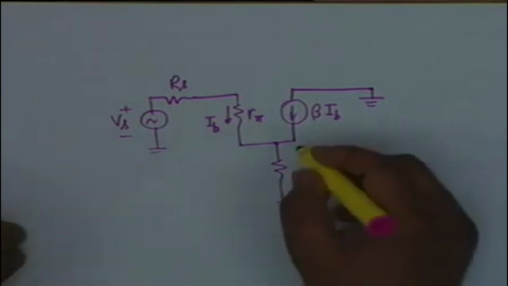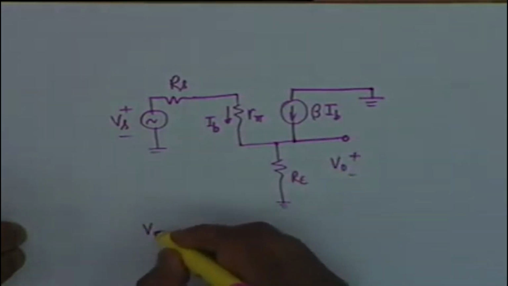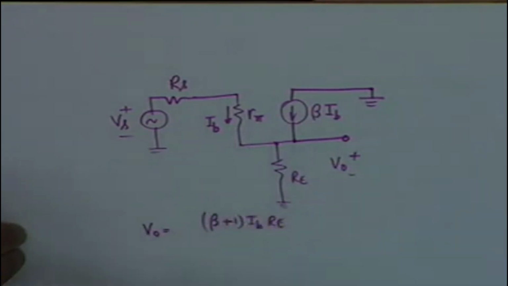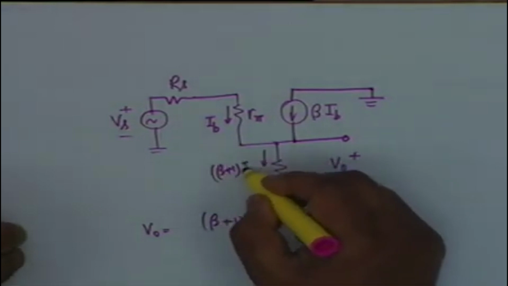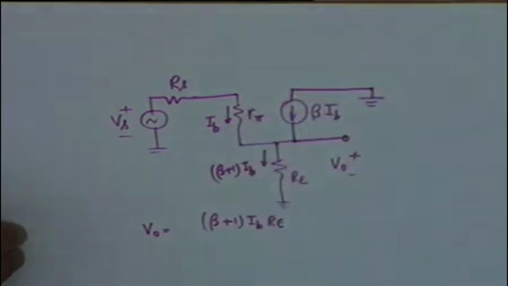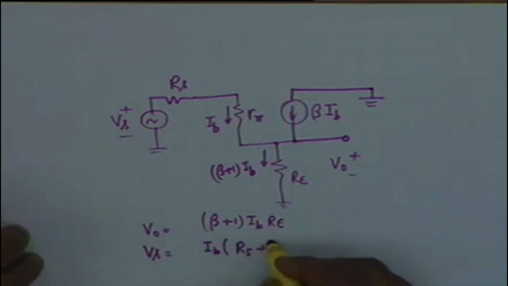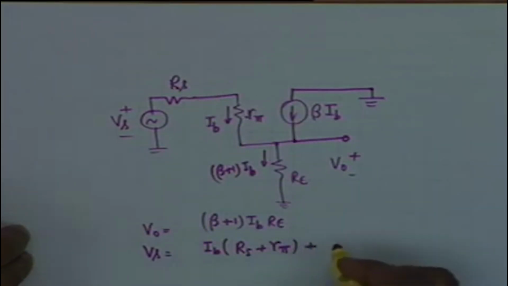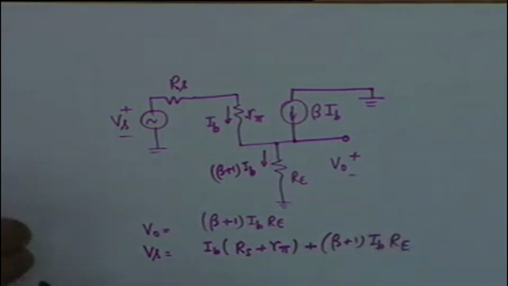And therefore, if you want the output voltage V0, obviously V0 is equal to beta plus 1 IB times RE. Alright. This current is beta plus 1 IB, because IB comes here and beta IB comes here, and Vs, the input voltage, is IB multiplied by Rs plus R pi, plus beta plus 1 IB RE, agreed?